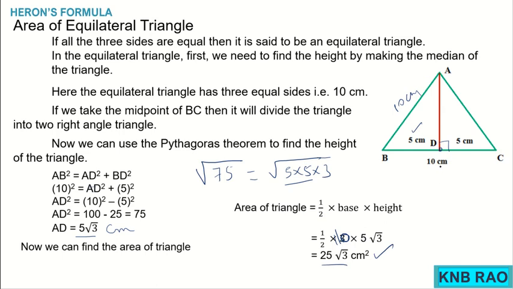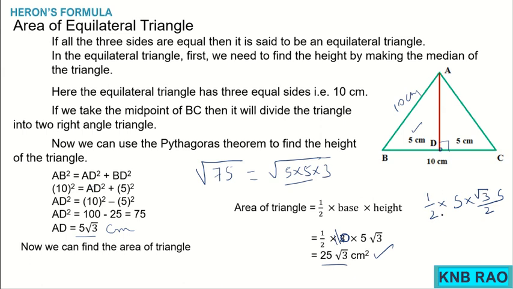We will find the height when we know the side of the equilateral triangle. So, we have another straight away formula, that is half into base into height. If we use the letter S instead of 10, the height becomes root 3 by 2 S. So, that means half into S into root 3 S by 2.